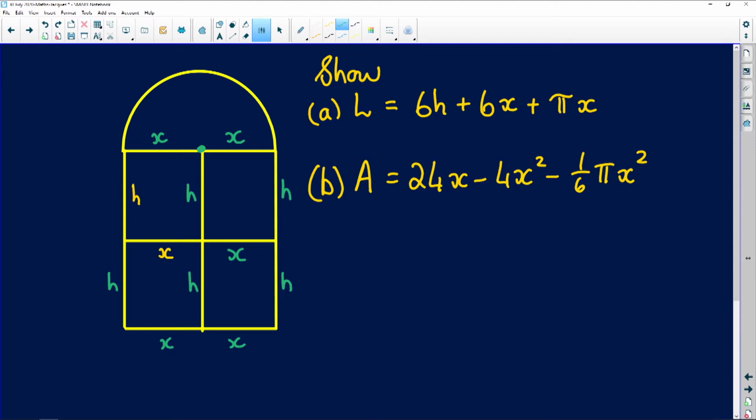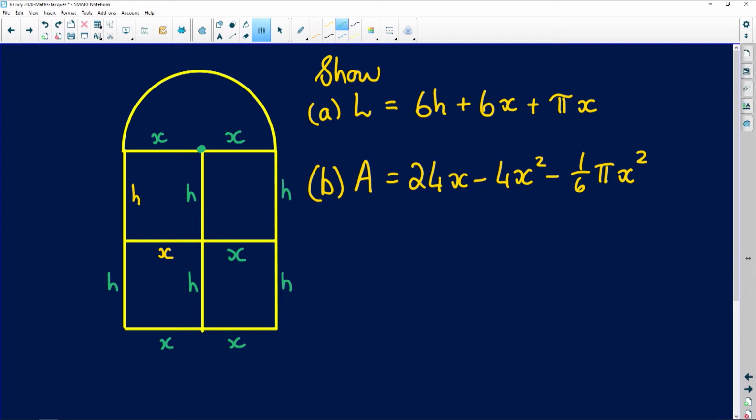Good. Now I've put the 2 questions on the screen with a reason. There's no mark allocation. They ask us to show that the length of wire, or steel, that is needed is given by that expression.